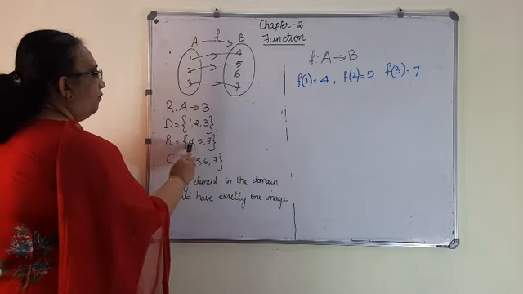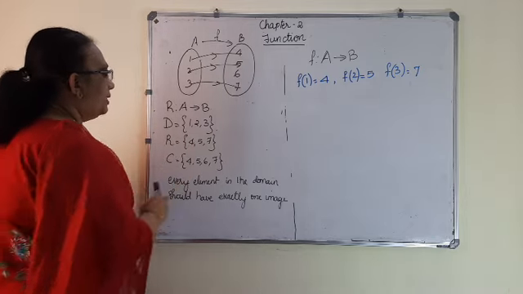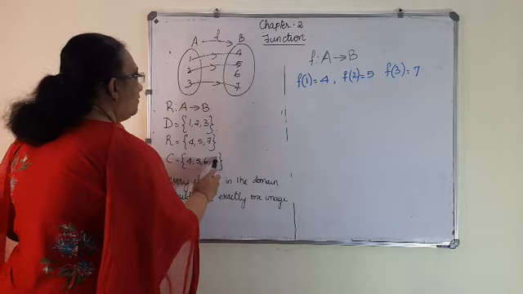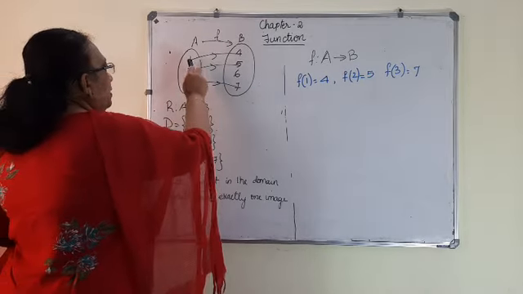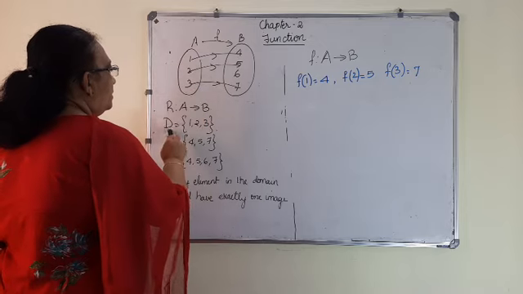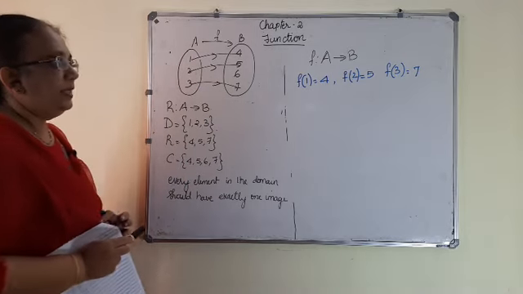The set 4, 5, 6, 7 is called the codomain set, and the set 1, 2, 3 is called the domain set.